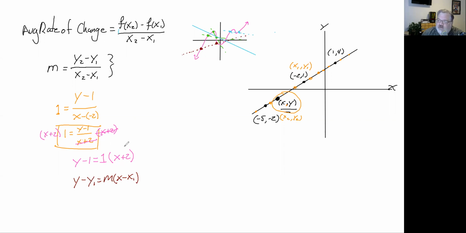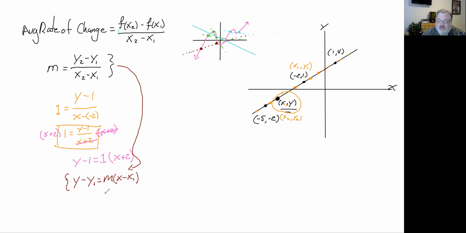Our y1, so y minus that y1, and x minus the x1. That x1 was, remember, -2, so that x minus -2 turned into x plus 2. But this form of a line is really just this slope formula modified so it looks a little bit more like an equation.